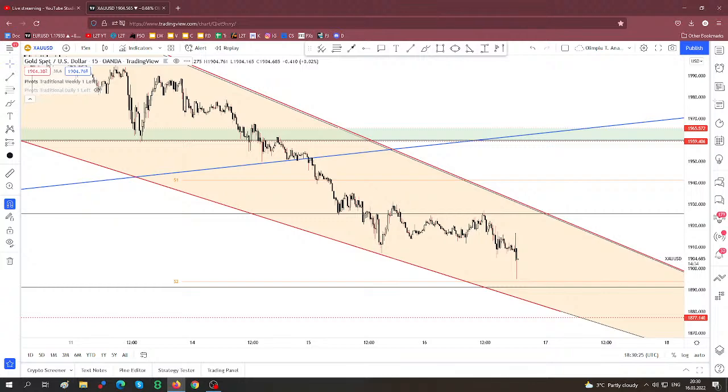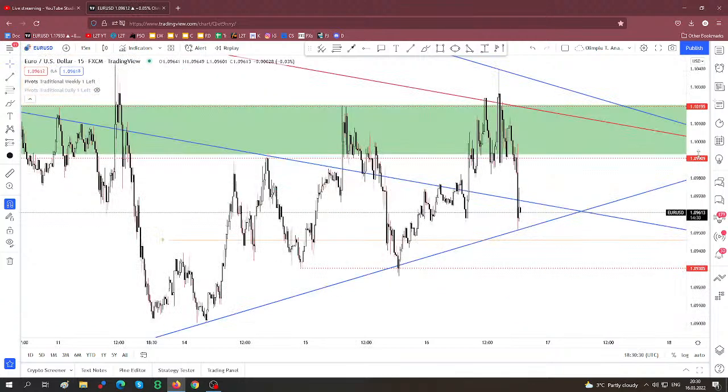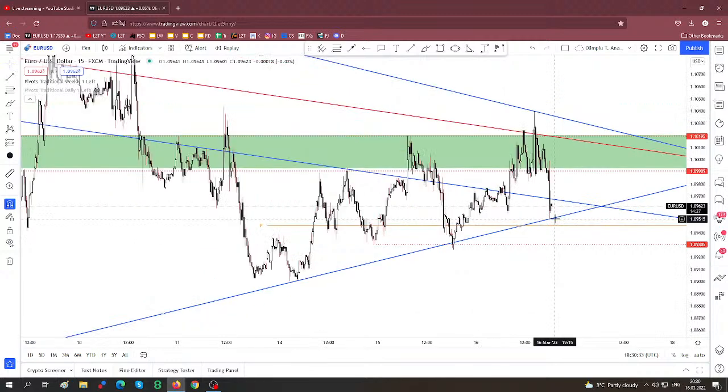Euro US dollar. Yeah, it has retested the immediate uptrend line, as I've said.